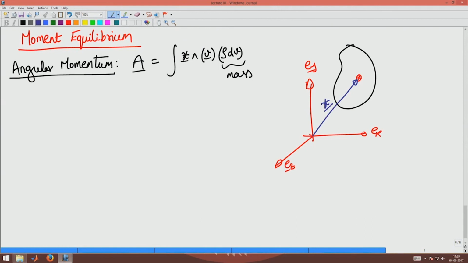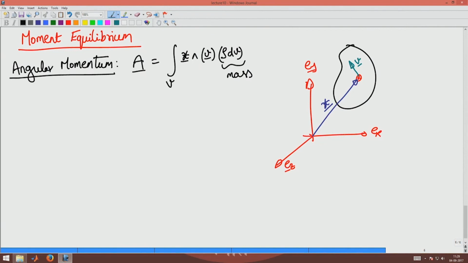That is x, and this point has a velocity v. That point has a velocity v, and this is the definition of the angular momentum of a body integrated over the volume of the body.